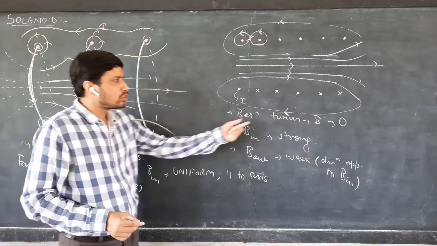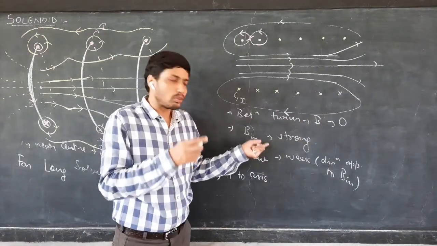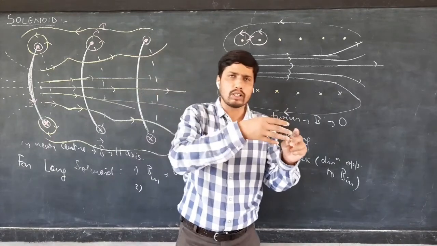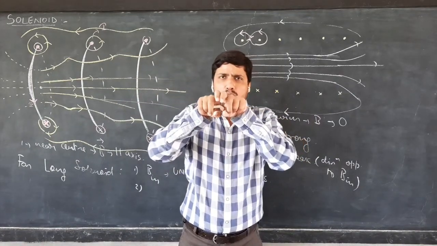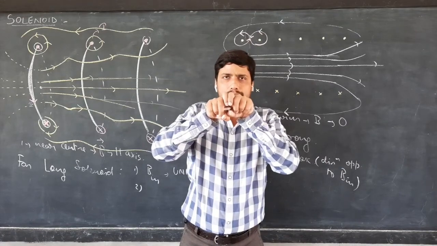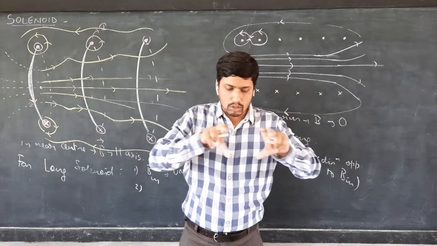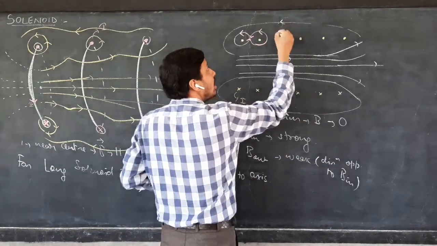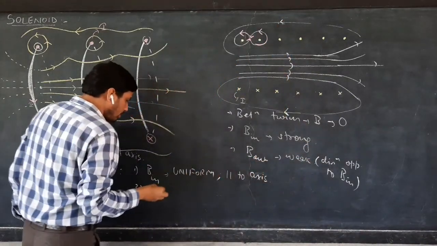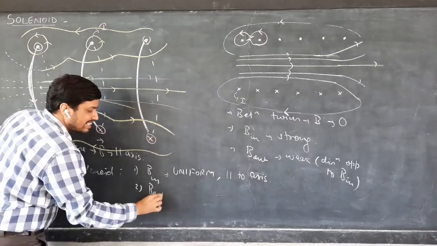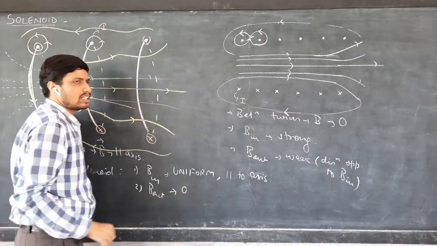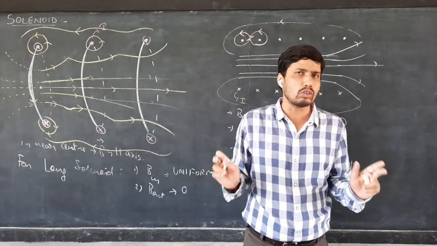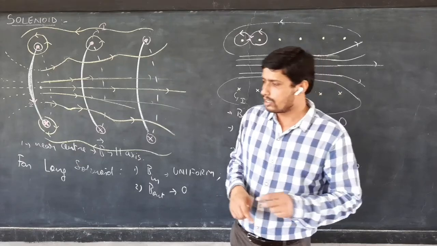The magnetic field between the turns was zero anyway. Outside the solenoid, B out, which was earlier weak, if you have a very long solenoid and the turns are very closely spaced, then somewhere in the middle, outside the solenoid, the magnetic field B out tends to zero. It will be exactly equal to zero for an infinitely long solenoid for points outside the solenoid.